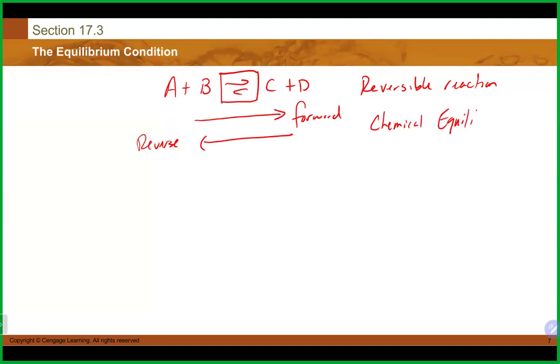And as we talked about, I think last time as well, reaching equilibrium doesn't necessarily mean that you have the same amount of everybody on both sides of the arrow. What it is really referring to is the rate of these reactions. The rate of the forward reaction will equal the rate of the reverse reaction.